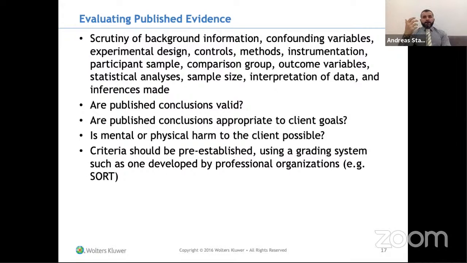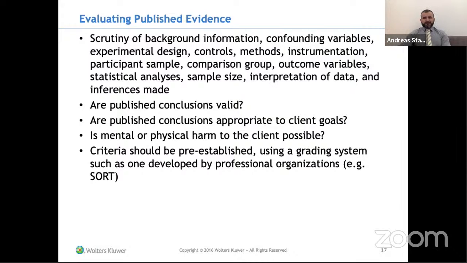One of the goals of this course in general is also to help you find research, but also evaluate it. Because something is published, it doesn't mean it's of high quality, right?